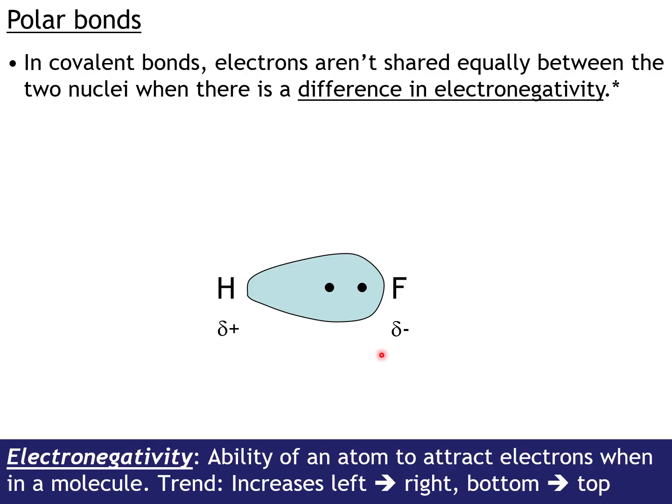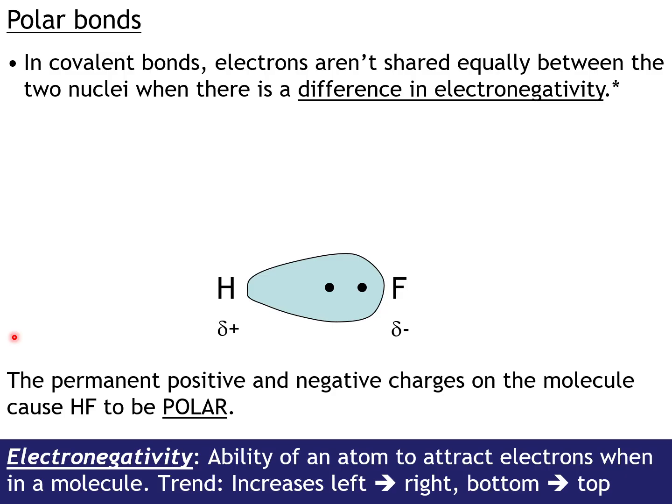It's like maybe -0.6 or something like that. It just means it's a partial negative charge. And then the hydrogen is going to have the corresponding positive charge because the molecule is neutral overall. So because the electron cloud has been polarized, that means that this molecule is polar and the bond is polar.